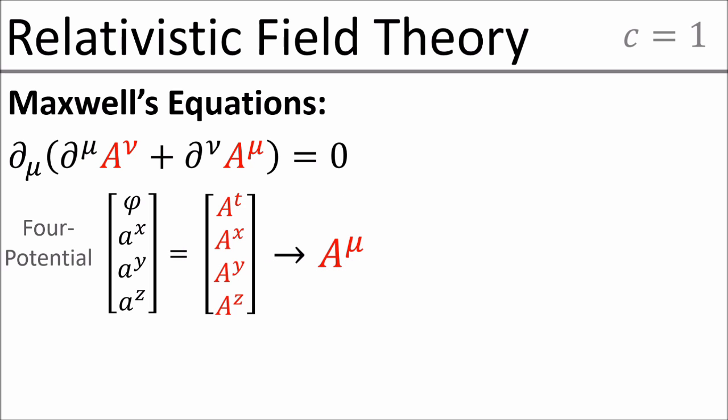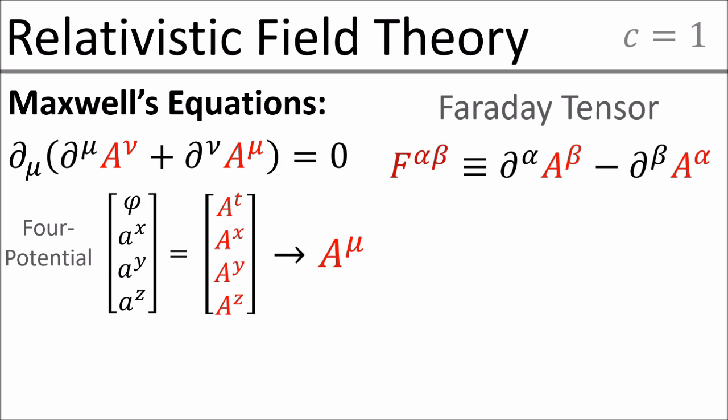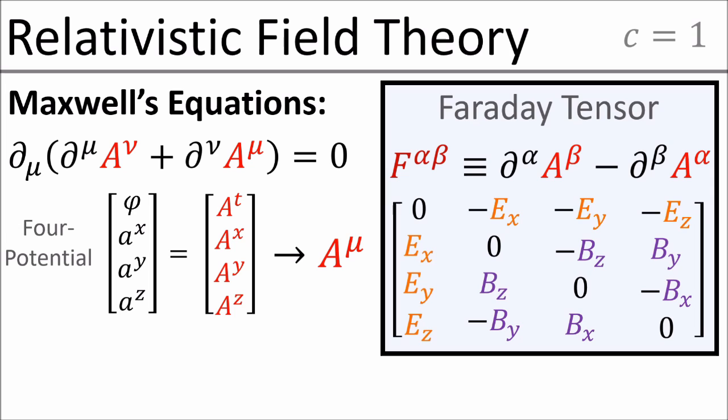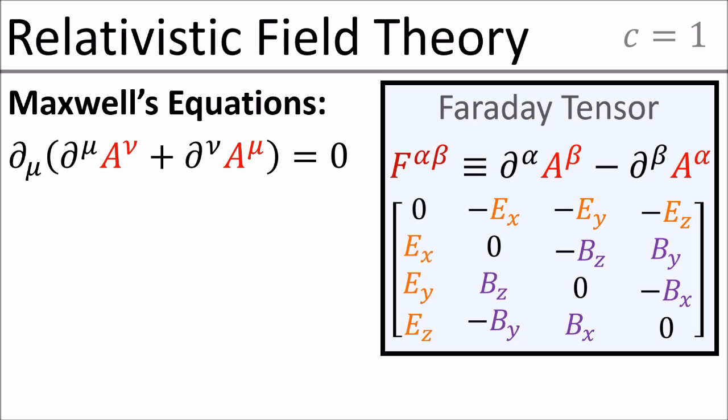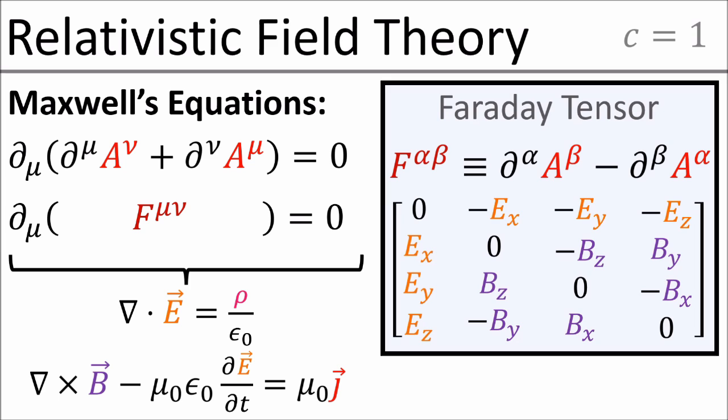As I said before, we can take derivatives of potential fields to get force fields. And this combination of derivatives of A gives us the Faraday tensor F, which is a 4x4 matrix that combines the electric and magnetic fields into a single object. So this version of the Maxwell equations, written either with A or F, is equivalent to this pair of the more familiar Maxwell equations, but with the source charges and currents set to 0.